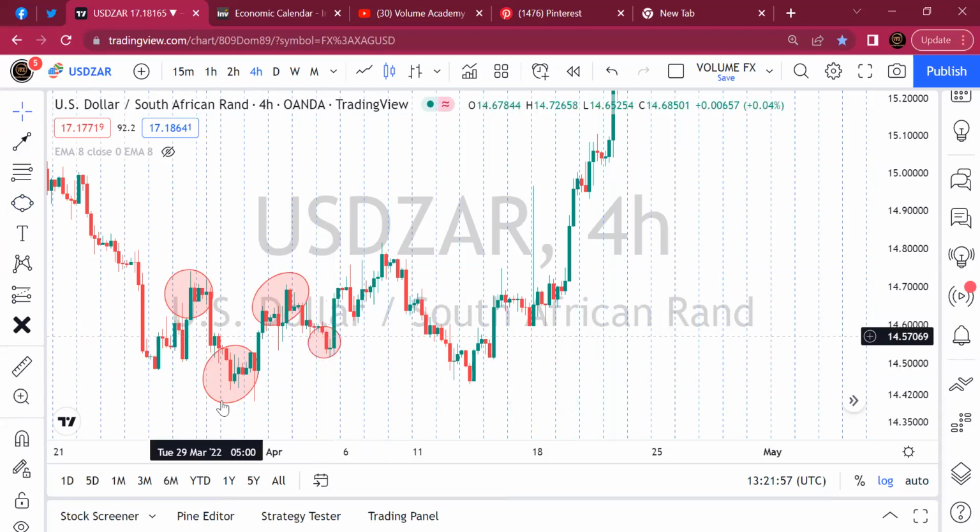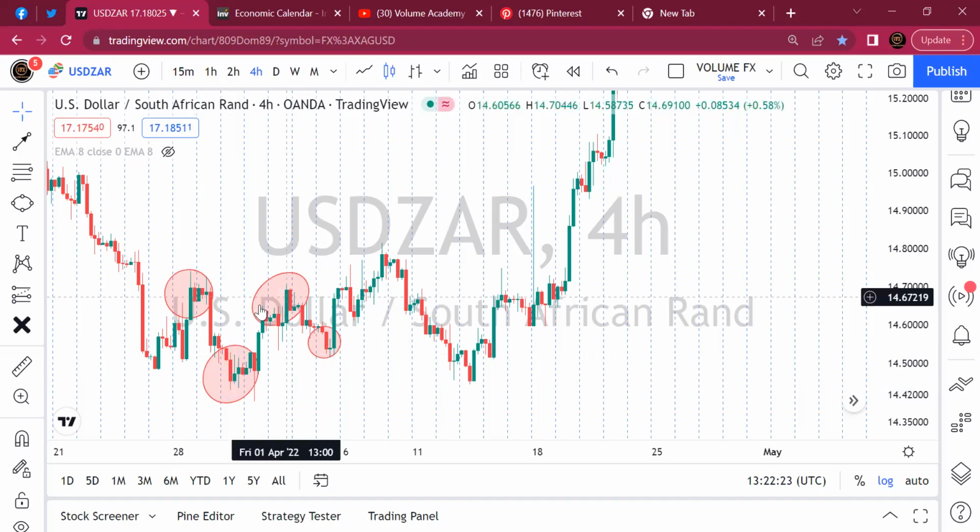And mostly, if you look at the middle candle, most of the time you'll find them as types of dojis. They can be the normal doji, the gravestone doji, the dragonfly, or the normal doji cross.